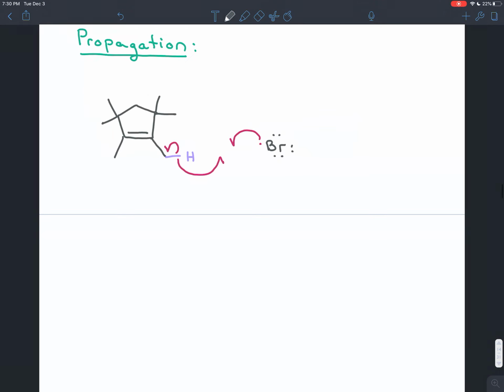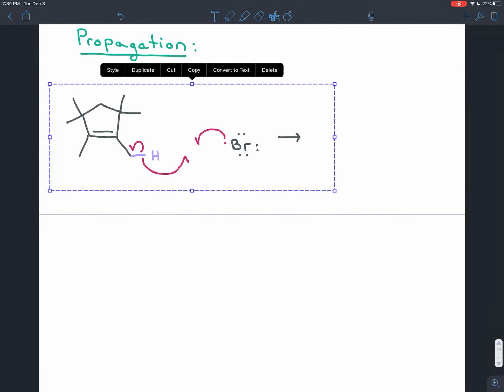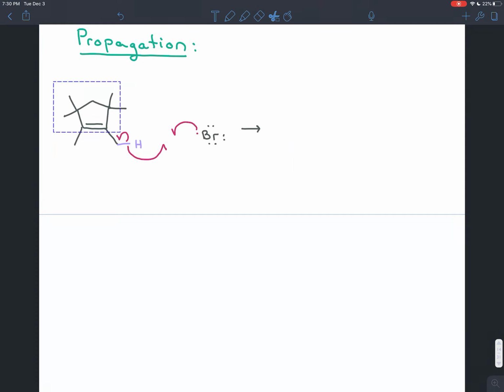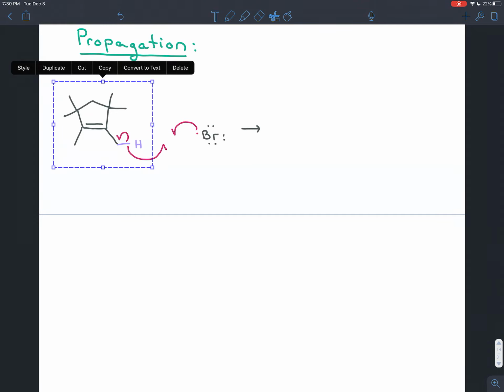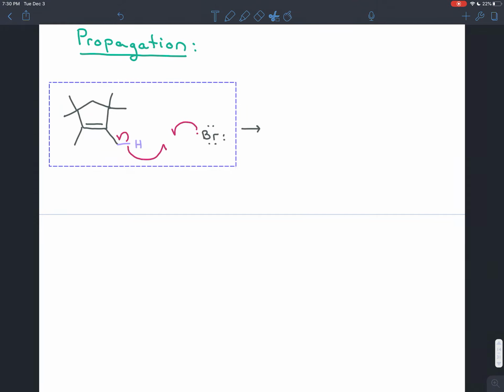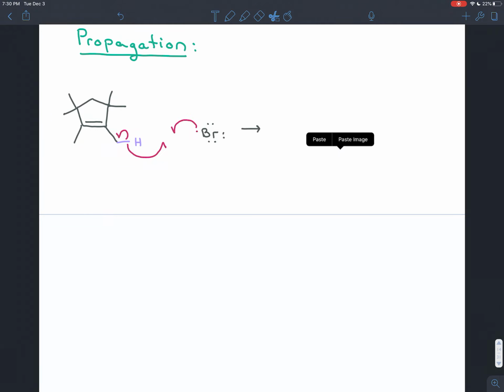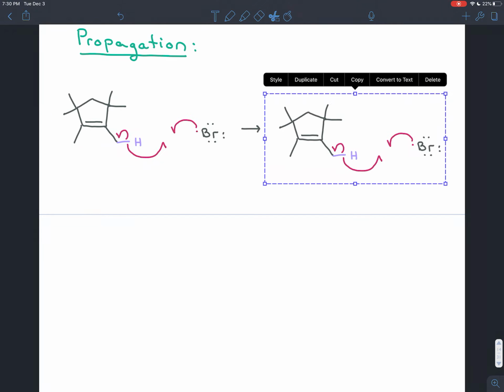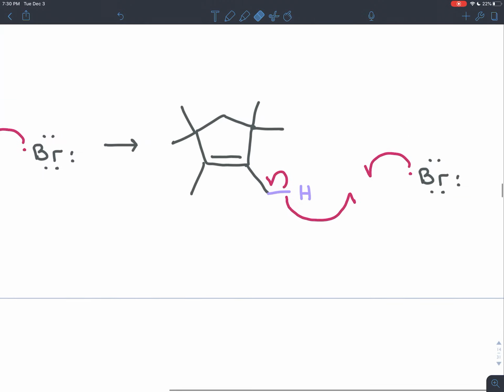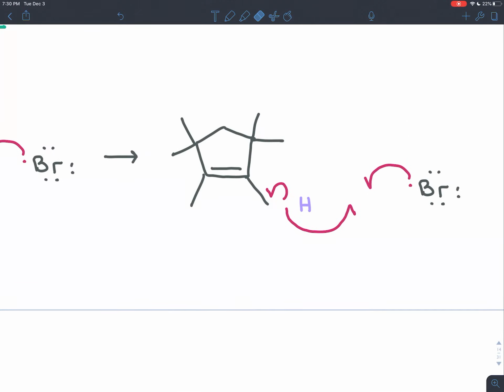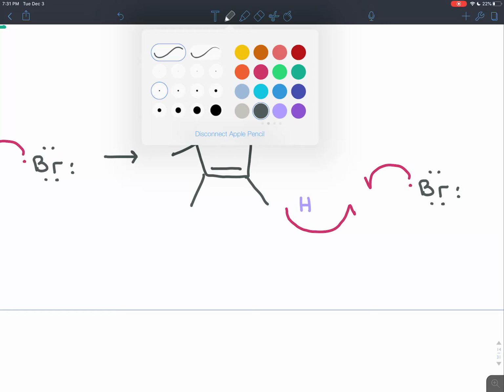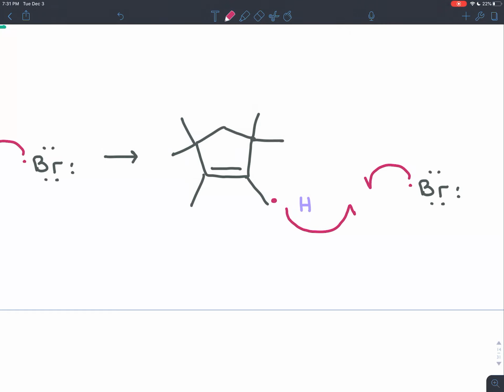What you get after that is, first, this bond breaks. One of the electrons goes onto the allylic position, so that's a radical that's stabilized.